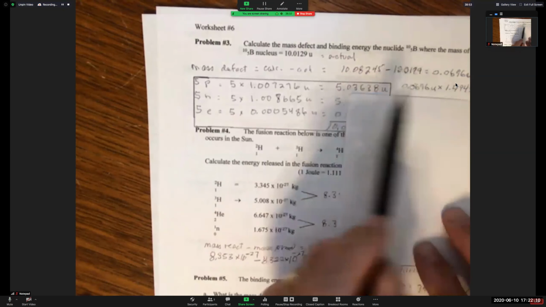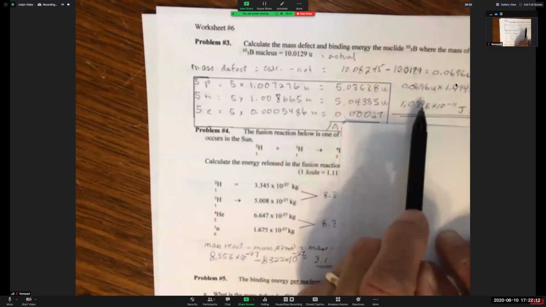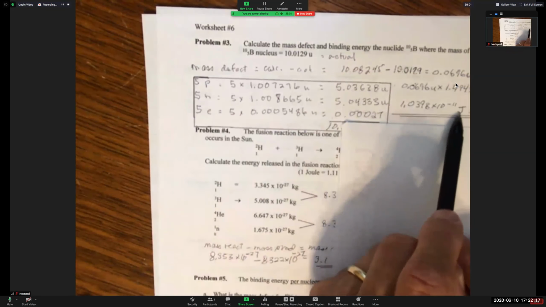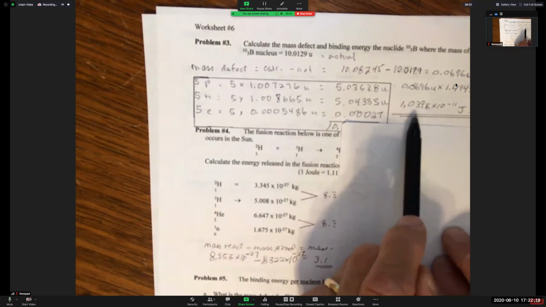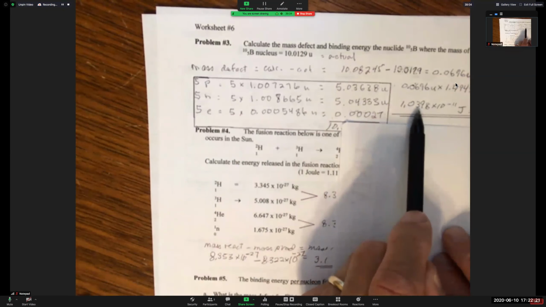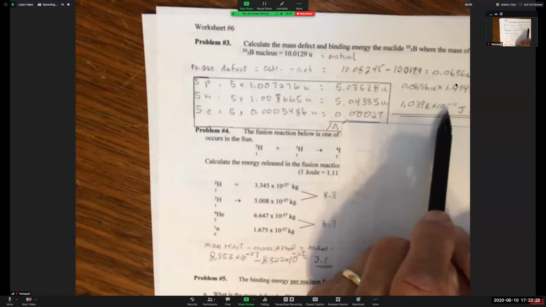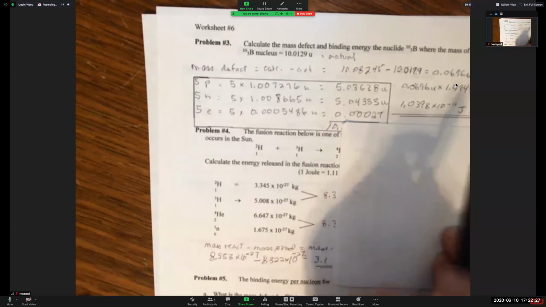When we did that, I got a binding energy for boron-10 of 1.0398 times 10 to the minus 11 joules. Probably 3 sig figs is enough, so maybe 1.04 times 10 to the minus 11 joules would be adequate.